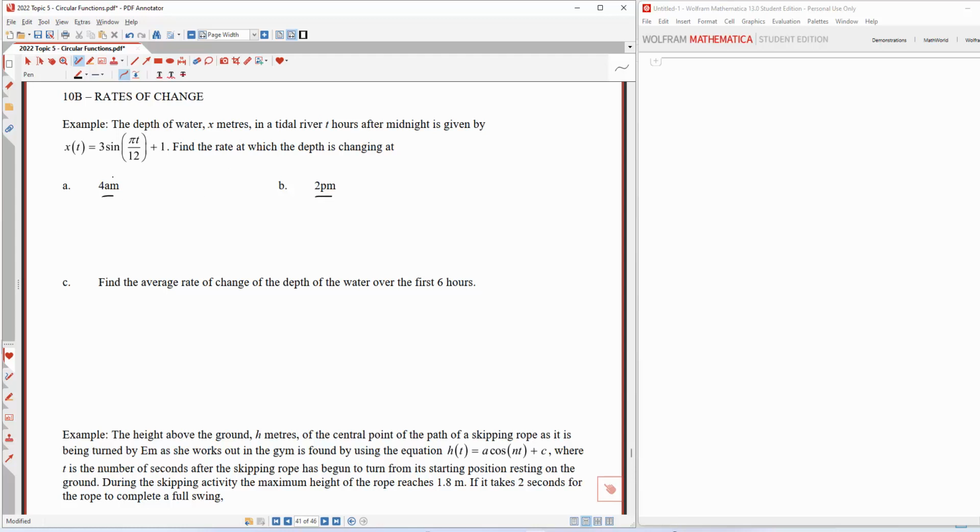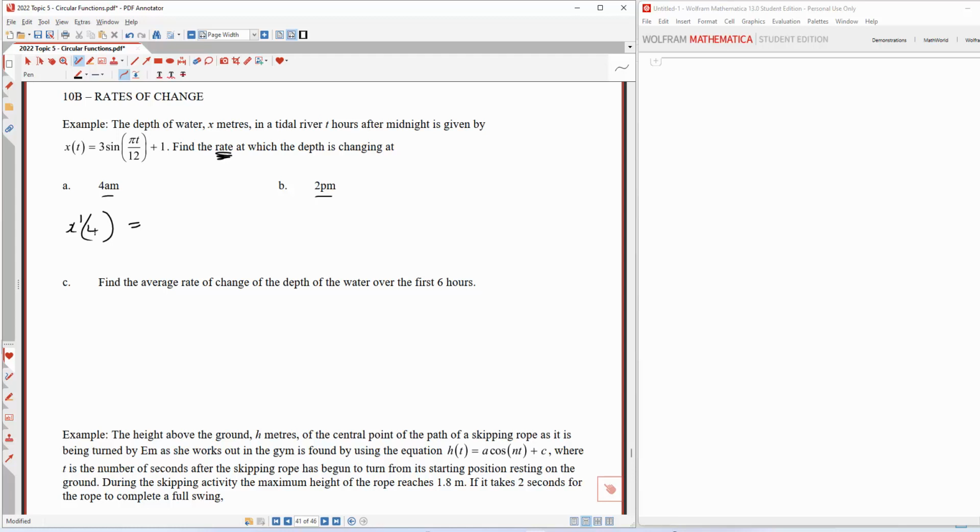Alright, so when we're finding the rate at exactly a point, that means we need the derivative. So to work out the rate at which the depth is changing at 4 AM, we're going to say x of, now t is hours after midnight, so 4 AM is 4 hours after midnight. So we're going to do x dash 4. Okay, so into the derivative we'll pop 4.